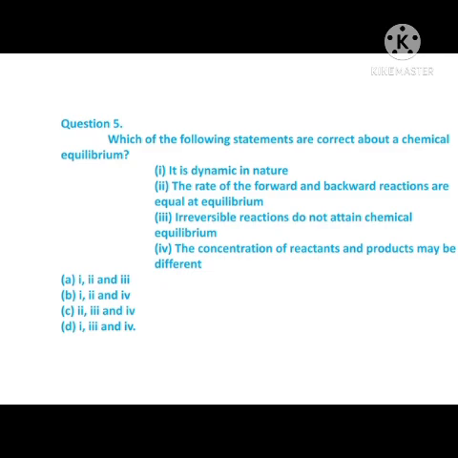An irreversible reaction does not attain chemical equilibrium, so that statement is also correct. Fourth point, the concentrations of reactant and product may be different, so that is a wrong statement. So, the answer is option A, because the first, second and third statements are correct.